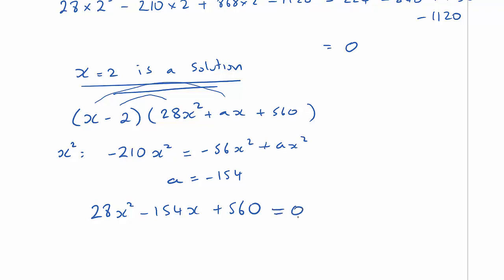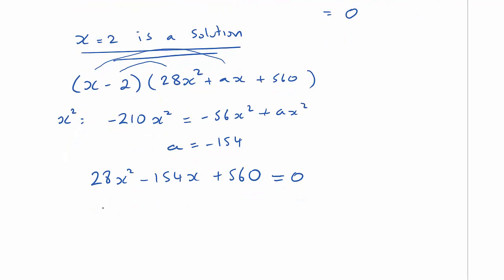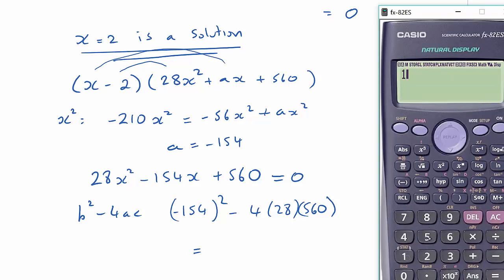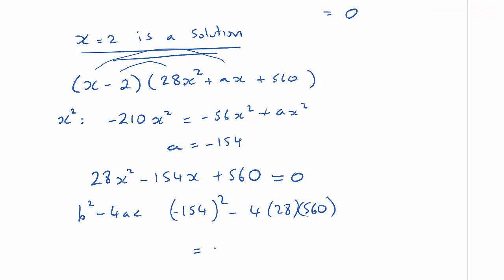And if we put that equal to 0, let's look at b squared minus 4ac. So that is negative 154 squared, take away 4 times 28 times 560, which is negative 39004.